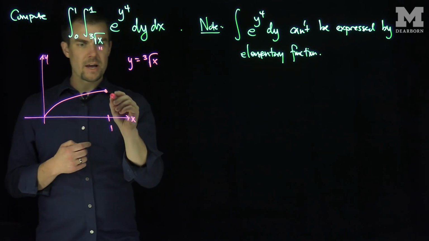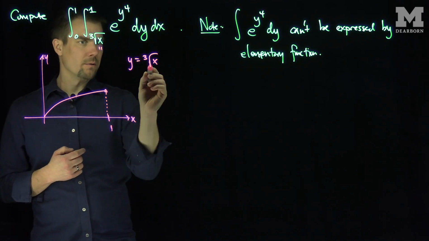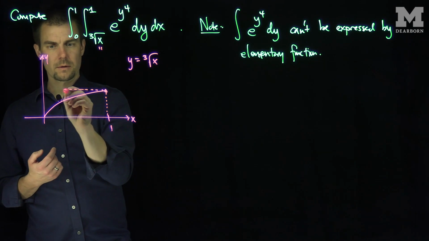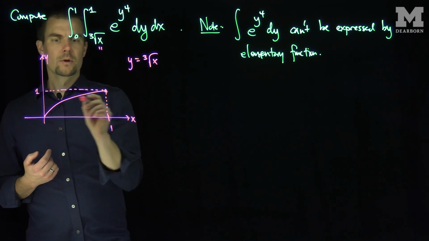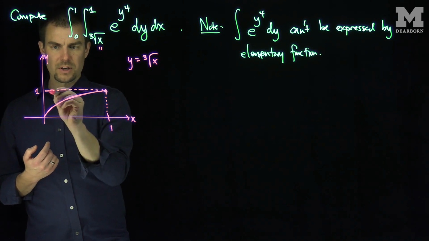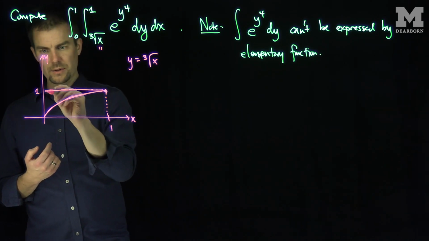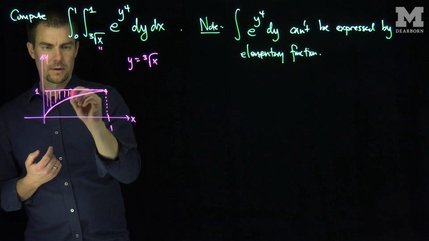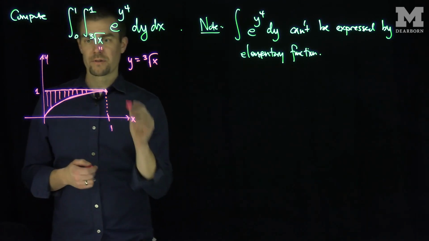And of course, when I plug in x equals 1 to the third root of x, I get back 1. So y starts on this third root of x and goes up to y equals 1, this straight line. So this is my region of integration right here, this little wedge.